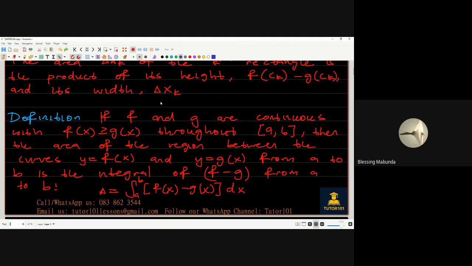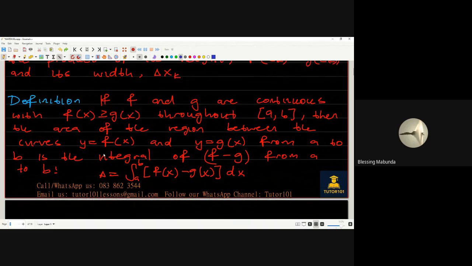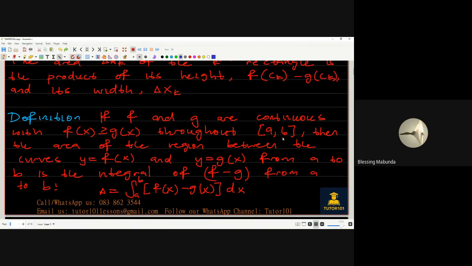If f and g are continuous functions, which we can see they are, these are just examples, with f greater than or equal to g throughout the closed interval a to b, then the area of the region between the two curves y is equal to f of x and y is equal to g of x from a to b is the integral of f minus g from a to b, with the area being equal to the integral of f of x minus g of x dx from a to b.